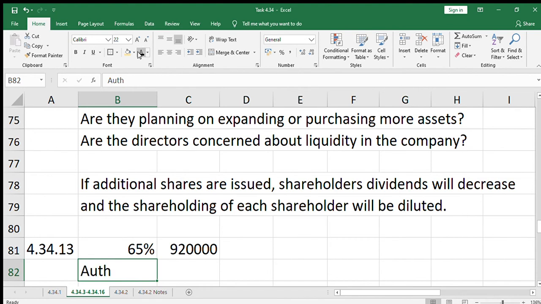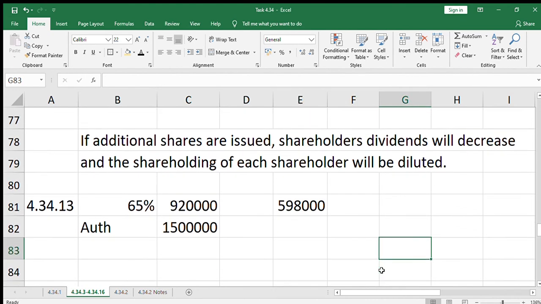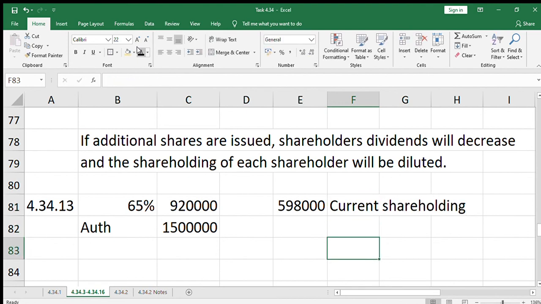The authorized number of shares is 1.5 million. So he currently owns 598,000 shares. Okay, so this is his current shareholding. With 65%, he is a majority shareholder.